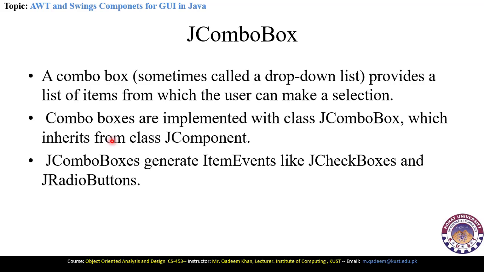The first control, which is in fact an advanced control, is called the JComboBox. As its name indicates, this provides the combo box, which is also called the drop-down list, and it provides multiple item selections. So from the combo box you can select one or more items.